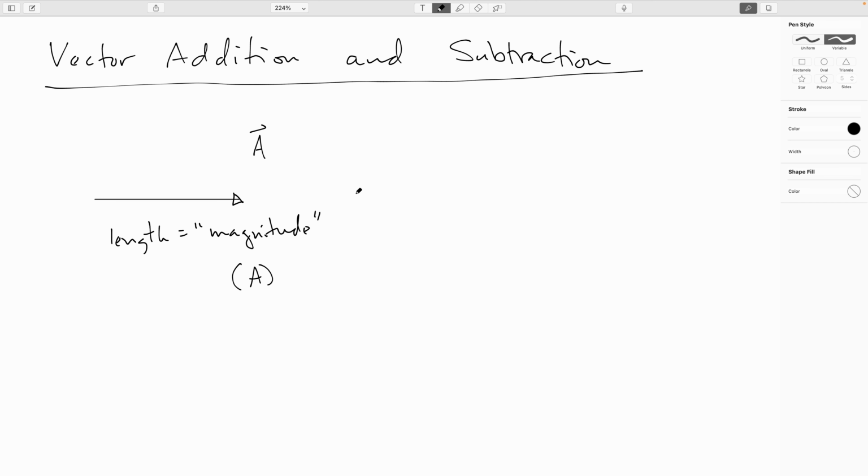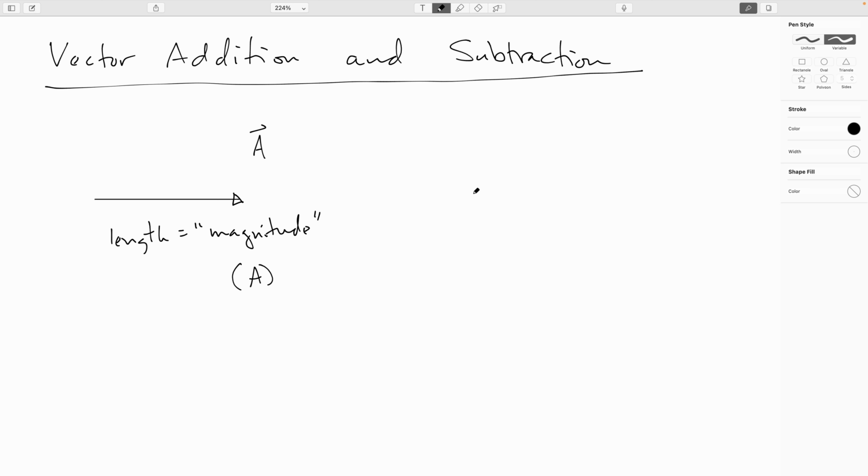And by the way, if you look in especially older textbooks, instead of having the little half arrow over it, you will sometimes see them set the vector in boldface and the magnitude in italic. But when you're writing by hand, since you can't really write bold or italic by hand, this is how we do it.